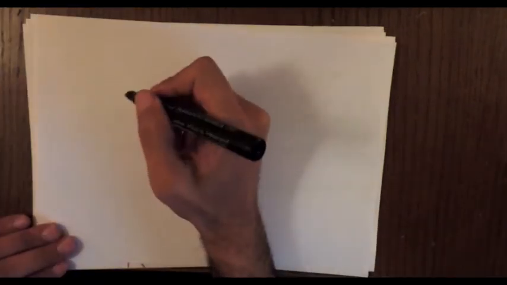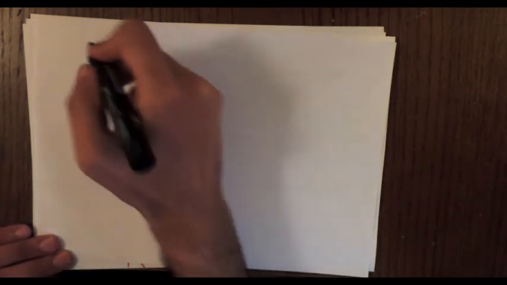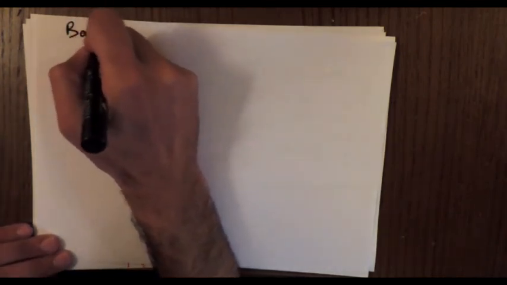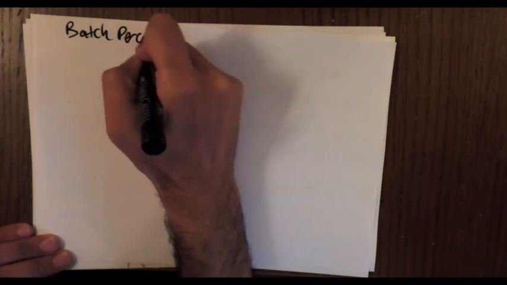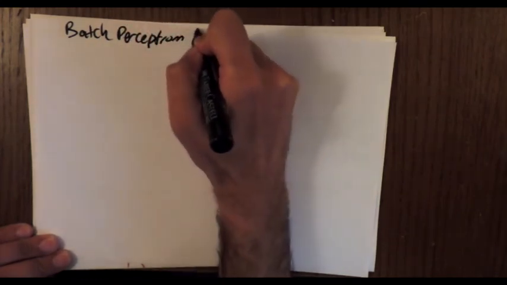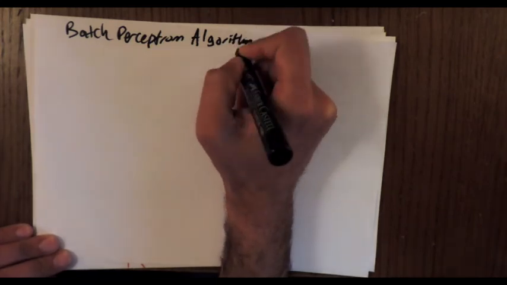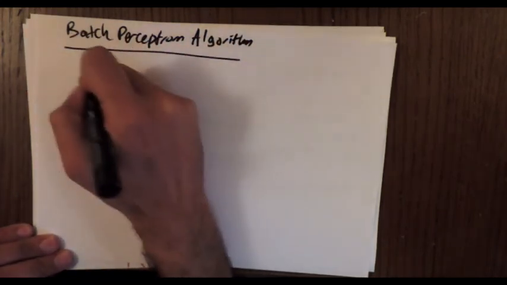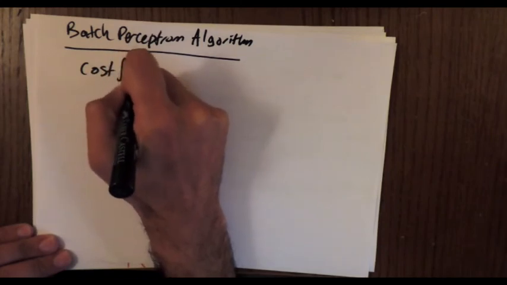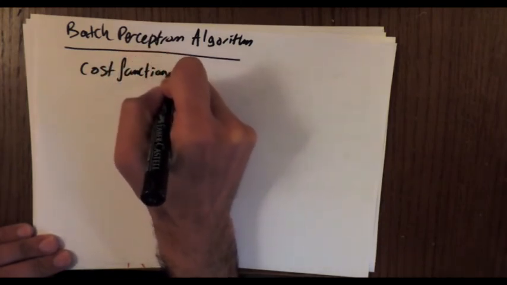I would like to discuss the batch perceptron algorithm, which involves a little bit of optimization. In this algorithm, we add the concept of a cost function. And this cost function is as follows.